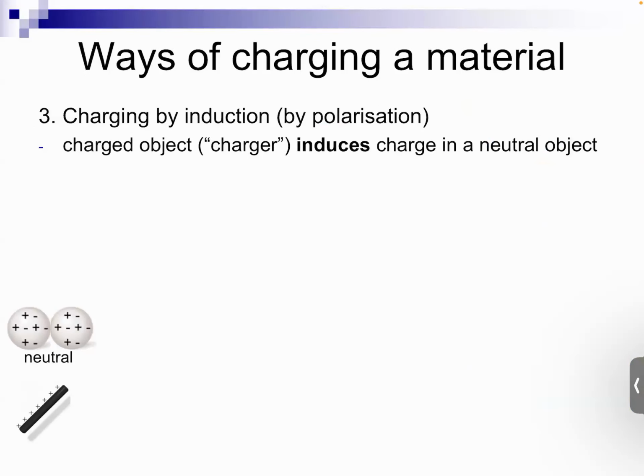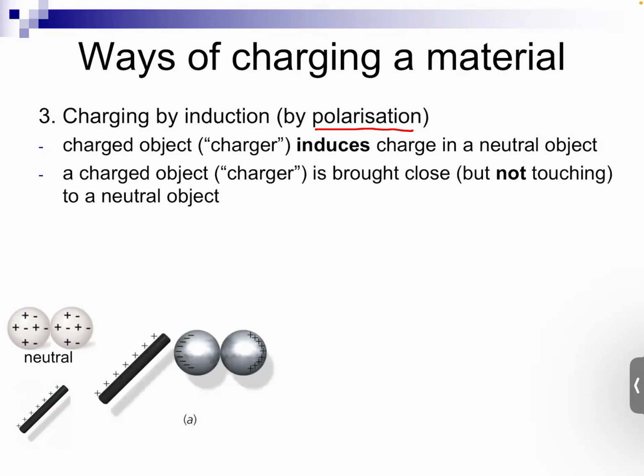Okay, the third way of charging is charging by induction. I'd like to use charging by polarization because it's more straightforward to understand. But you start with, just like charging by conduction, a neutral object and a charged object. In this example, you have a positively charged rod and a neutral object.